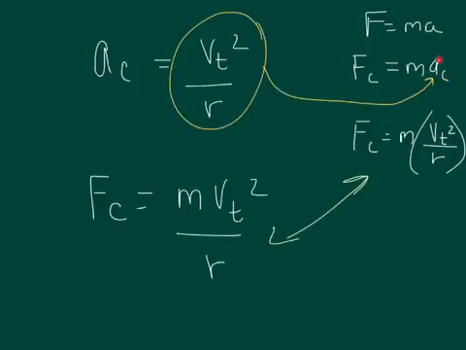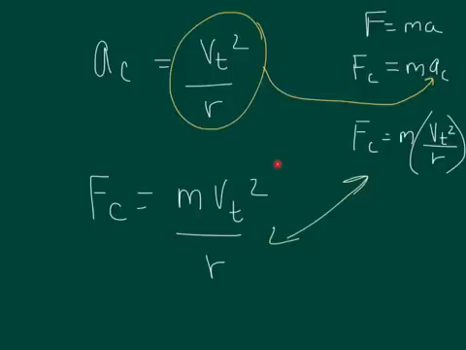Plug in the 11, and then multiply by the mass, and you'll get the centripetal force. You don't need to redo the problem again. So if you find the acceleration in this part, you don't need to plug in V, R and M again and find the force. Just take whatever you get for the acceleration, multiply it by the mass, and you'll get the force. Or you can use this formula. It doesn't matter, but I'm just trying to save you some time.